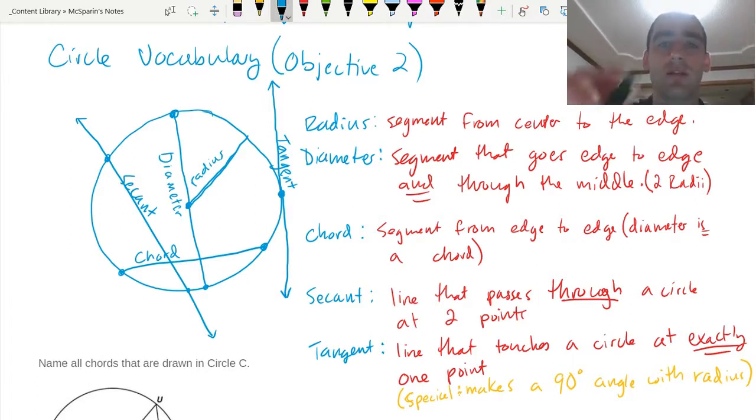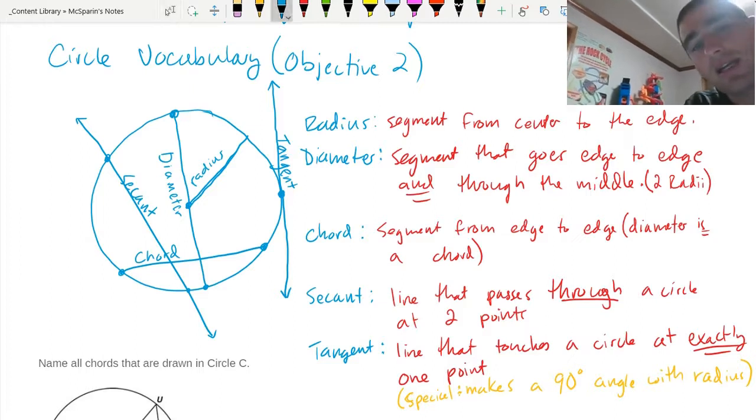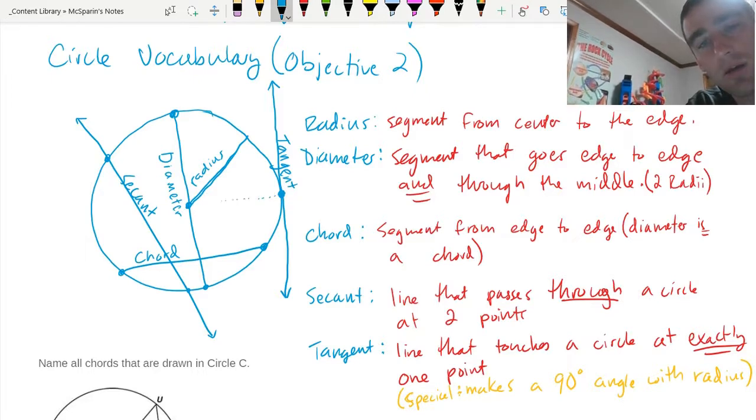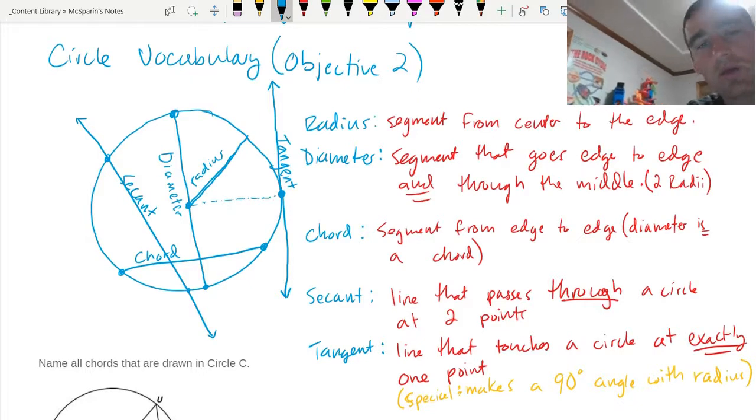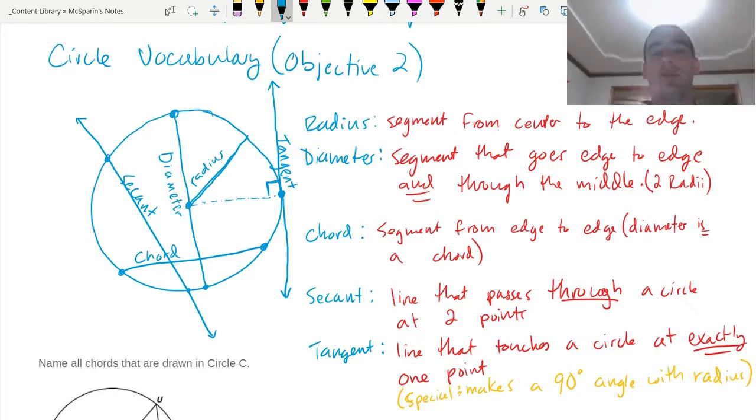Okay, so what does that look like? Well, that means that if I imagine taking that spot where the tangent hit the circle and connecting it to the center, like dashed lines, that would be a radius, and it always is going to be exactly 90 degrees.